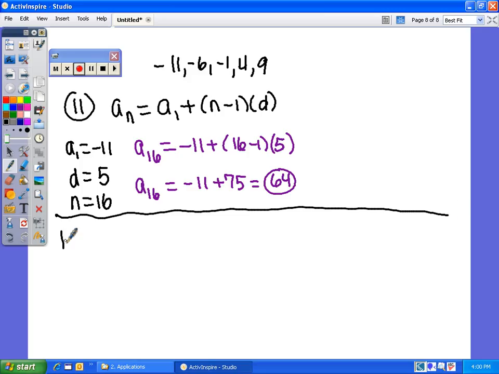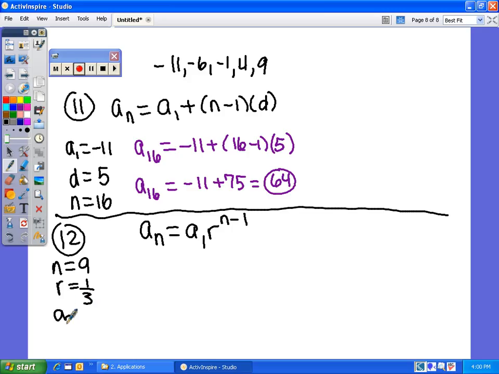Alright, number 12. It wants the first term of the sequence where a sub 9 equals 1 and r equals 1/3, which means you are using this formula. Okay, for here our n equals 9, our ratio equals 1/3, and our a sub 9 is equal to 1.